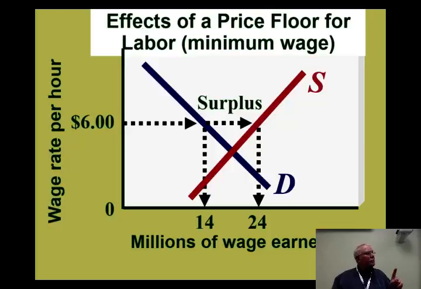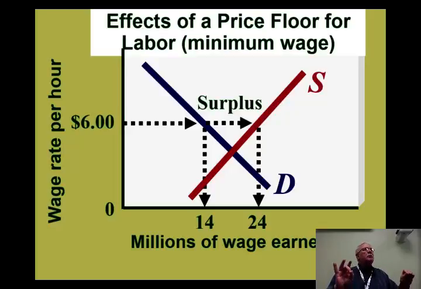Catch hold of this. This is important. There is no argument here. Is this an argument for or against the minimum wage? No. It's got nothing to do with the minimum wage per se. What it's about is, if you have a minimum wage law, what is the minimum wage relative to the equilibrium wage?